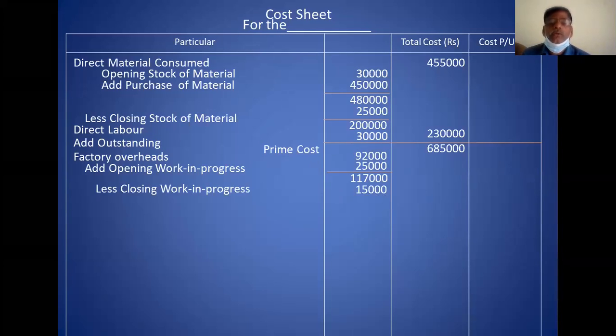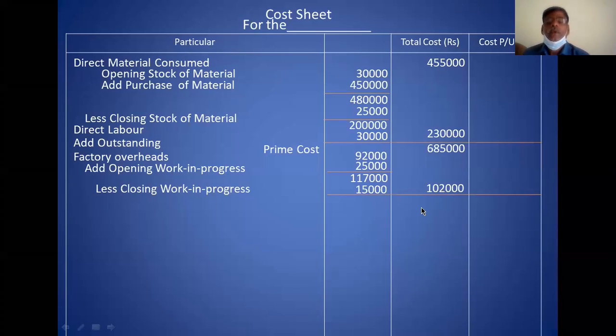Then deduct the closing work in progress 15,000. The balance is 1,02,000. 1,02,000 is the factory overhead. This is also called factory on cost.